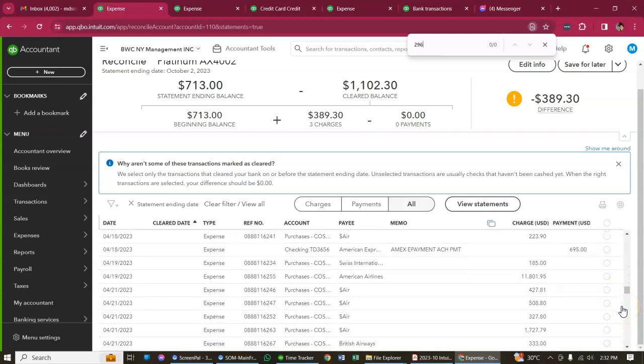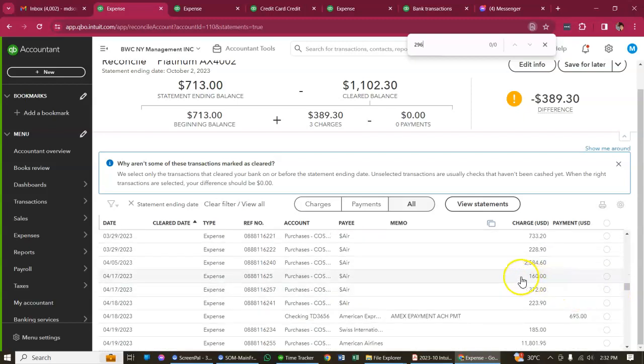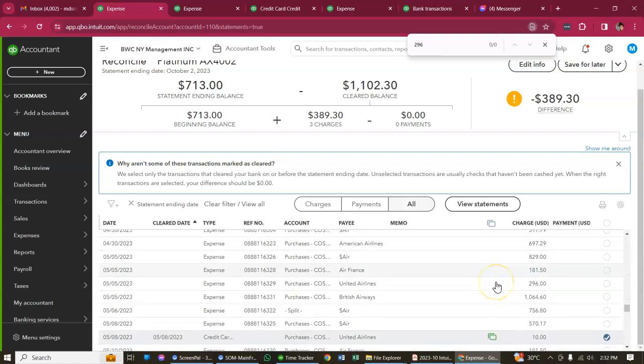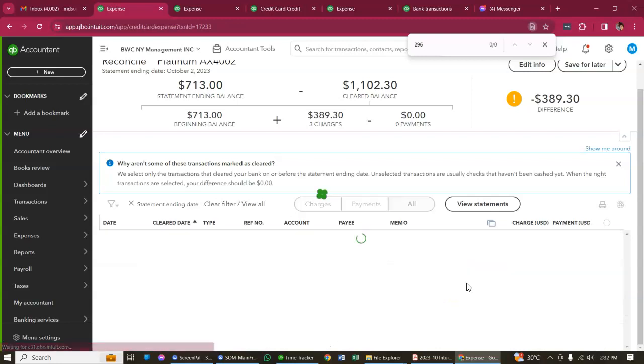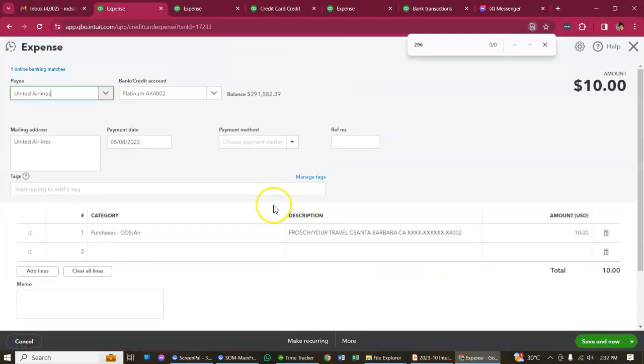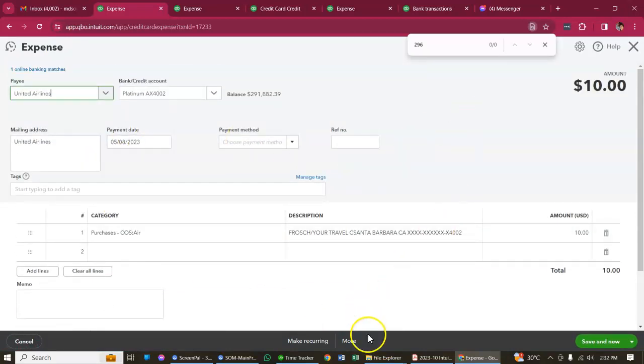Oh, something's not right. So anyway, that's how we deal with that. Okay. And this one too, if it is not cleared, although it is matched with the bank feeds, delete that one. Okay, just delete it, although it is cleared but it's not reconciled. So try to delete that.